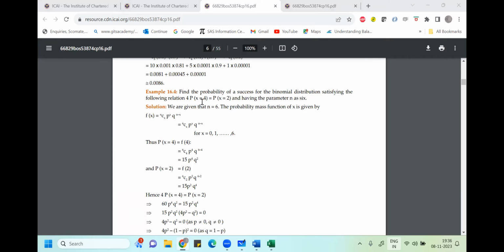If you get the answer of this example 16.4, it means that you have understood the concept. Everyone try example 16.4.